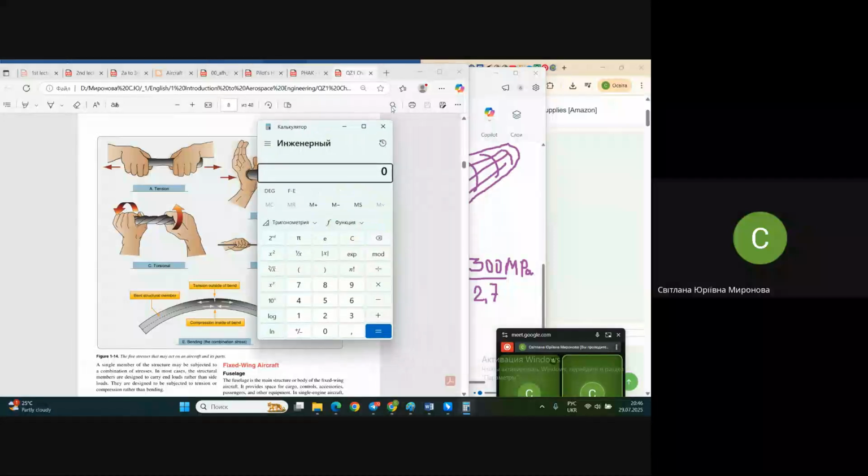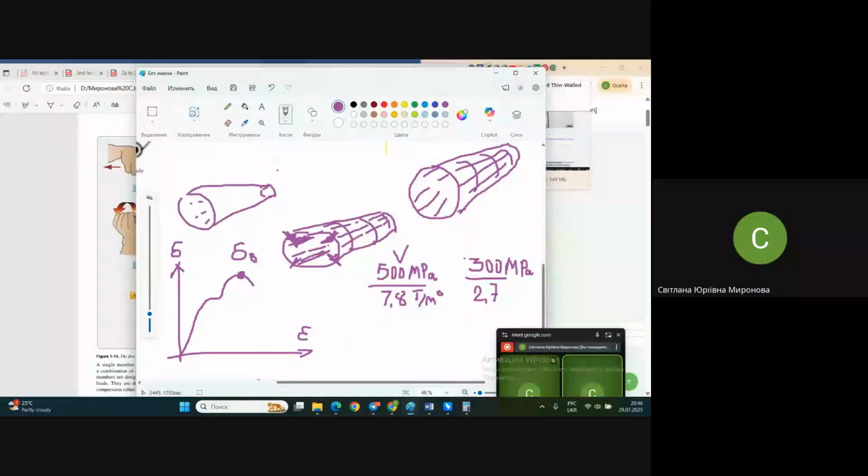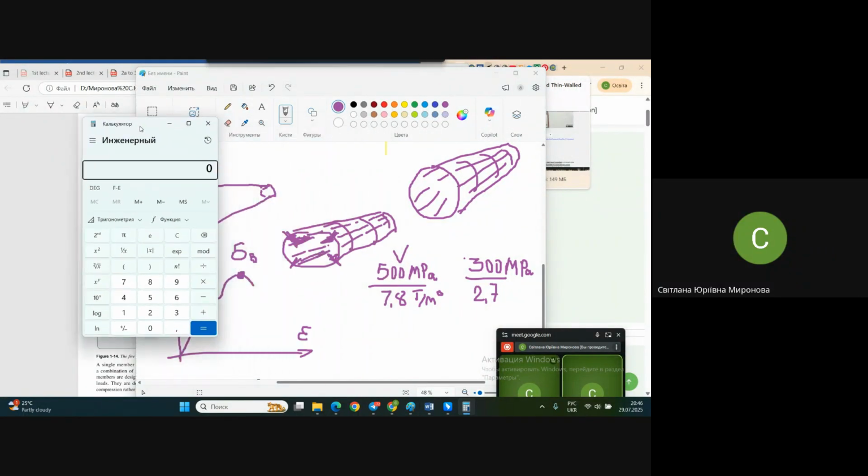That should help us. No, do watch. 500, 7.8. What this value physically means doesn't matter. Oi, minus. Why minus? I need divide. I'm surprised why it looks like this. Some unexpected result I got.